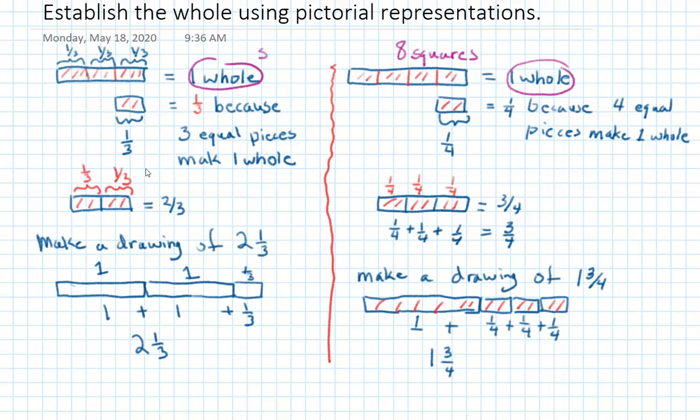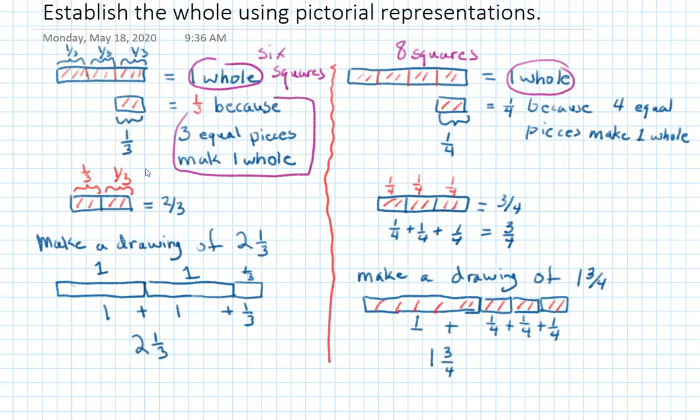Over here, 6 squares. This idea of flexibility in defining the whole is a very huge conceptual hurdle for most students, and it takes practice.